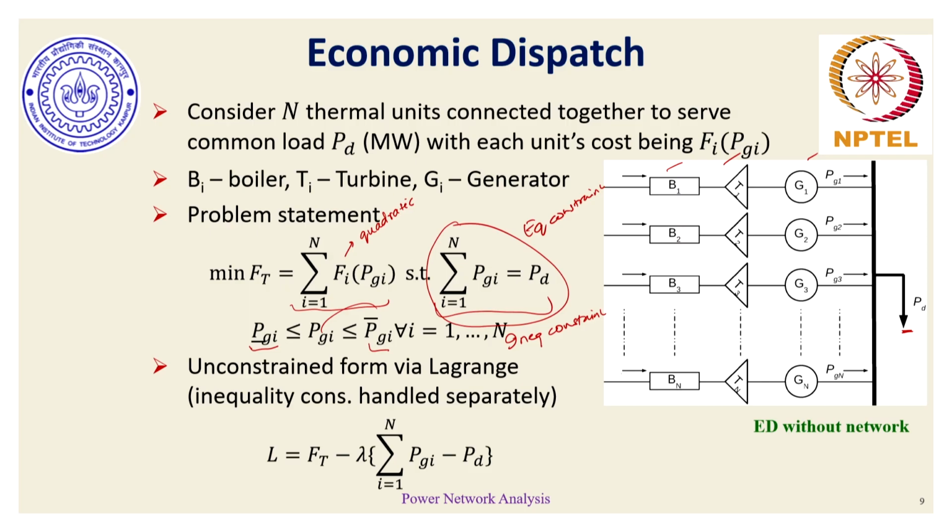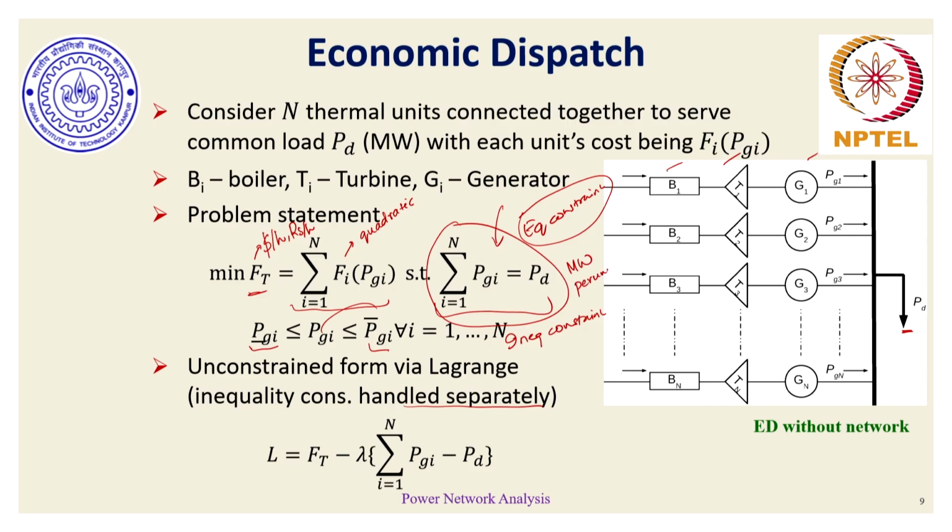So for the time being, we focus only on the equality constraint, which is ensuring total generation should be equal to total load. And for the time being, we ignore the inequality constraint. We will handle them separately. When we append the equality constraint to the overall cost function, which is f of t, there has to be some scalar or variable, because remember, the unit of f of t is typically dollars or rupees per hour, whereas the unit of this equality constraint is typically megawatt or per unit.